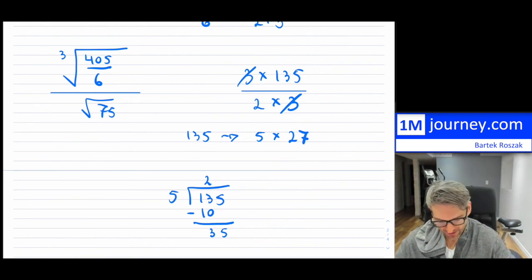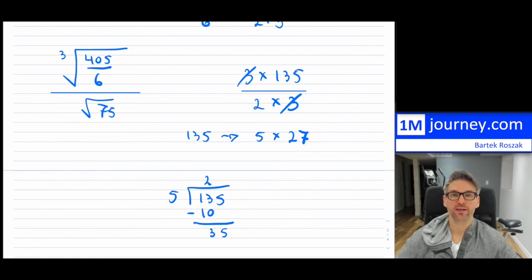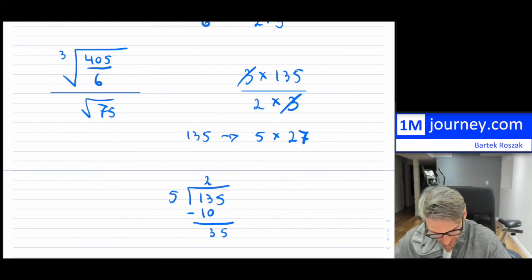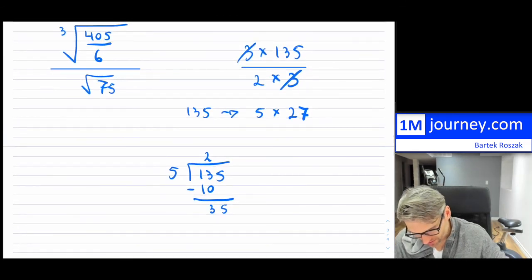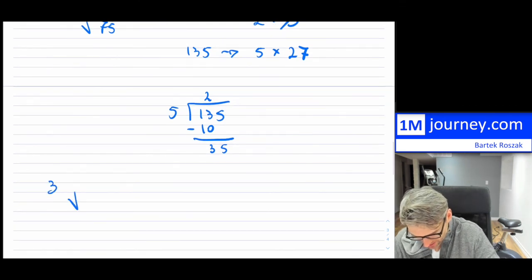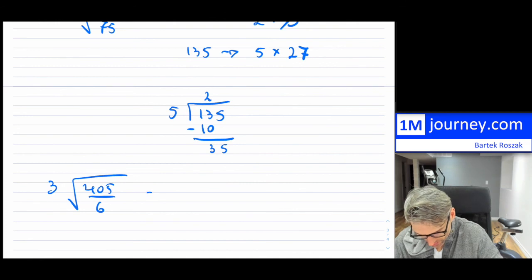And 27, we know, that's 3 times 3 times 3, right? Because it's 3 times 9. So that's interesting. All right, so what I have here is the following. Okay, so that 405, all right, over 6. I'm working with that.